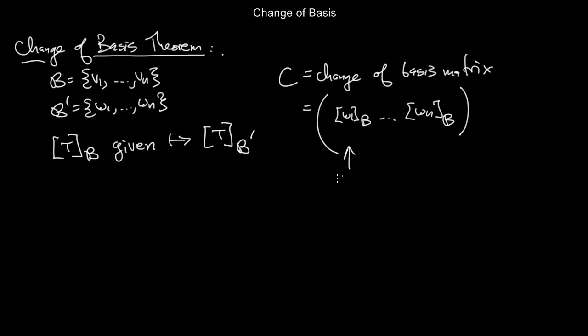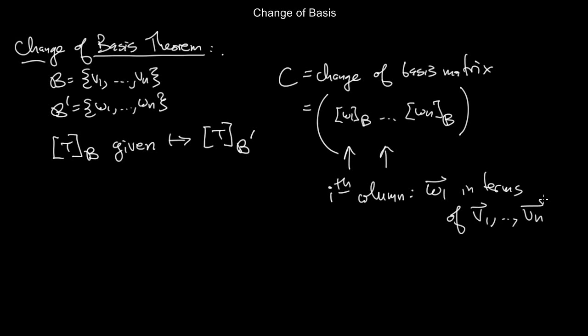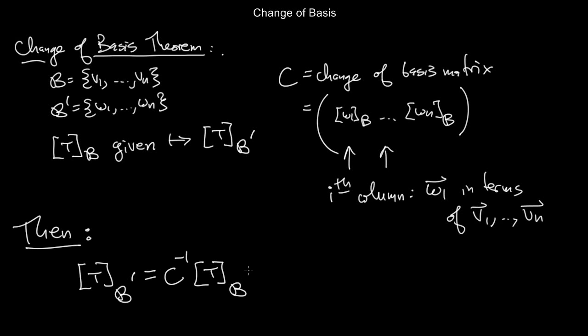So the ith column of this matrix is the vector Wi written in terms of V1 through Vn. That gives you an n by n matrix C. And then the theorem says that the matrix in the new basis is given by C inverse times the matrix in the old basis times C.